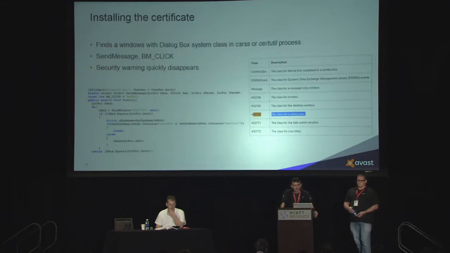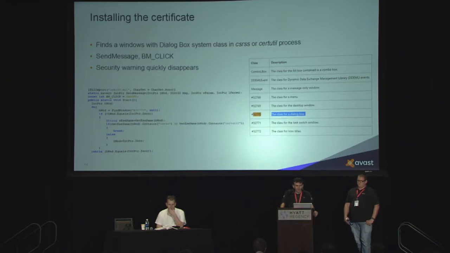That's because one of the PowerShell scripts which I mentioned contains some functions. If I describe these functions, as you can see in this slide, first it enumerates all the processes which are currently running on the computer, and if it finds the process either CSRSS or certutil, then it goes further and enumerates all the windows associated with these processes.